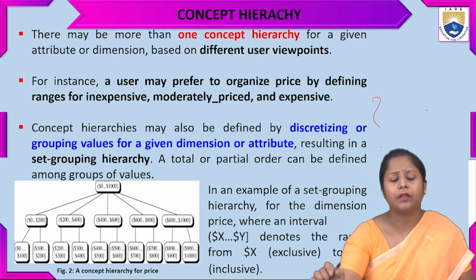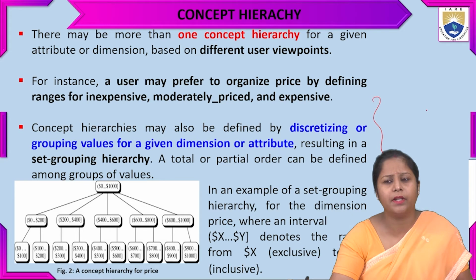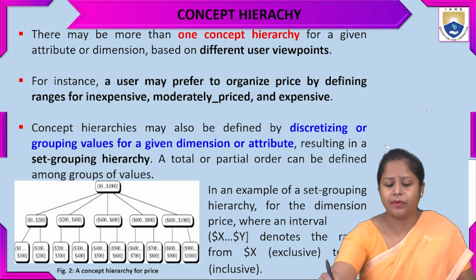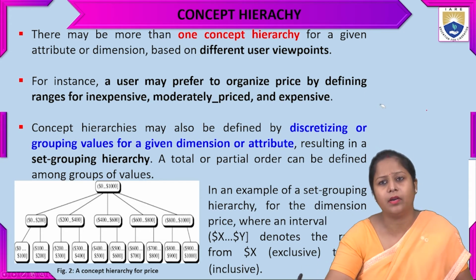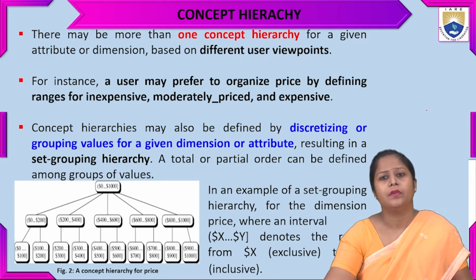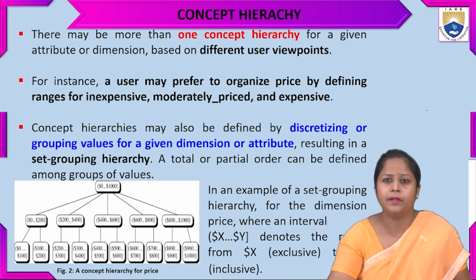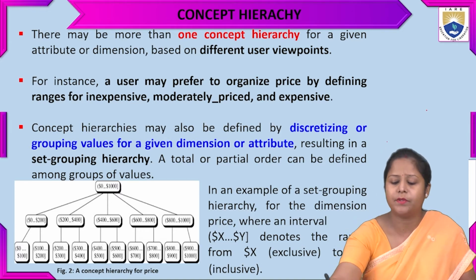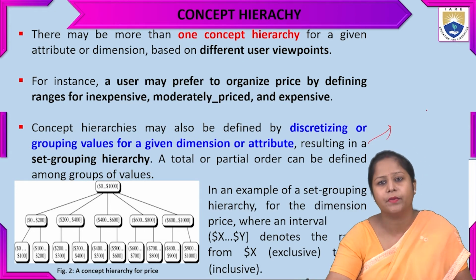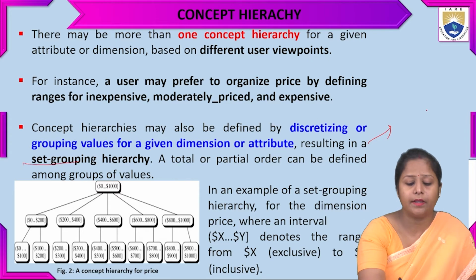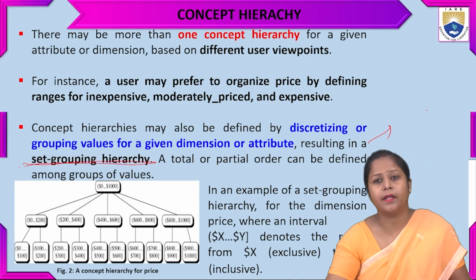The concept hierarchy may also be defined by grouping values for a given dimension, or we can say attribute. In the previous example, the dimension was location. That will result in a set grouping hierarchy. Why do we say set grouping hierarchy?